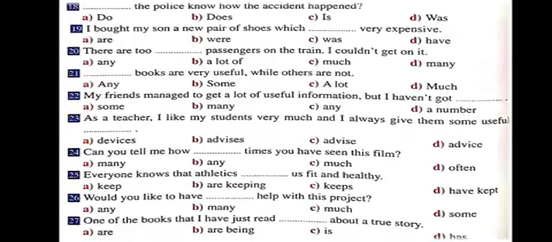The police know how the accident happened. Police, plural, do, does, is, was. Do the police. I bought my son a new pair of shoes, which is space very expensive. Are, were, was, have. Was. Only one pair.